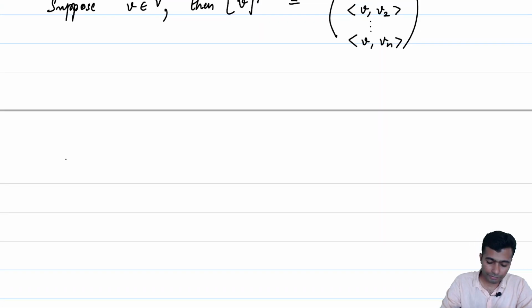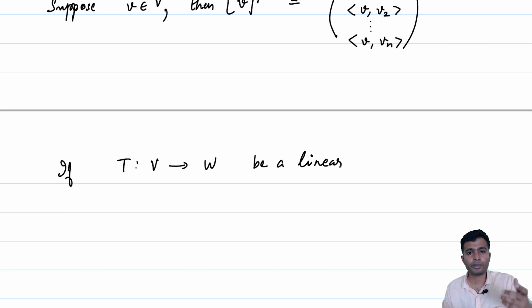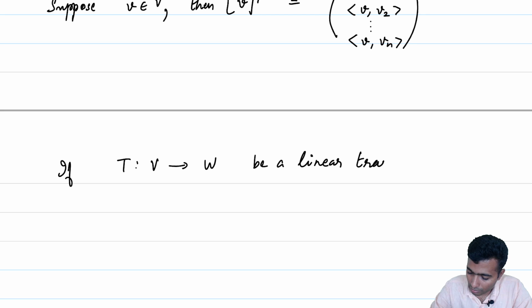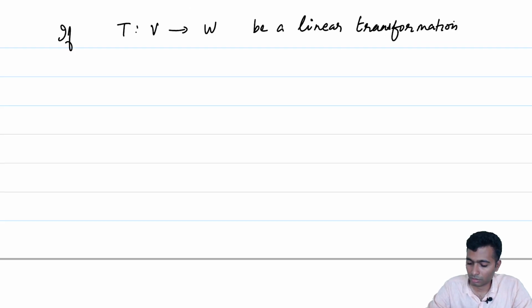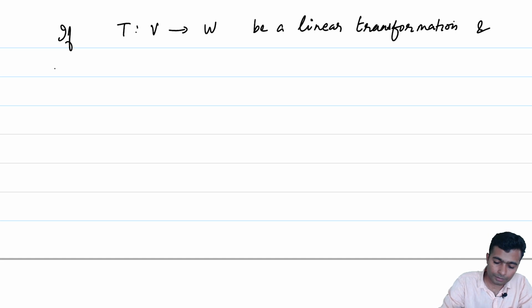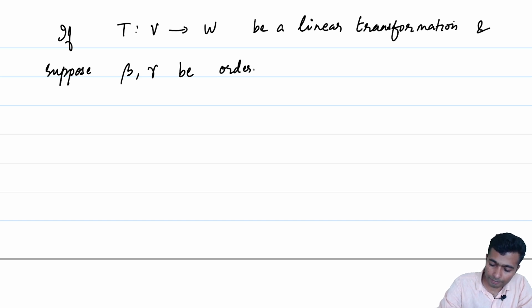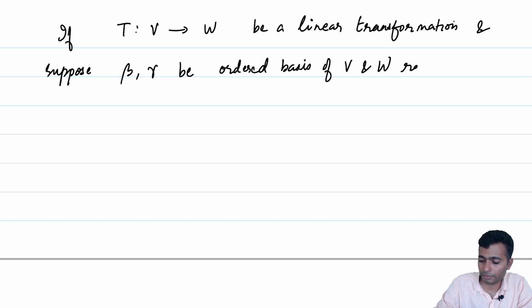Even better, if T from V to W is a linear transformation, this also makes computing the matrix of T easier if W is an inner product space, where V and W are vector spaces over F. Suppose beta and gamma are ordered bases of V and W respectively.